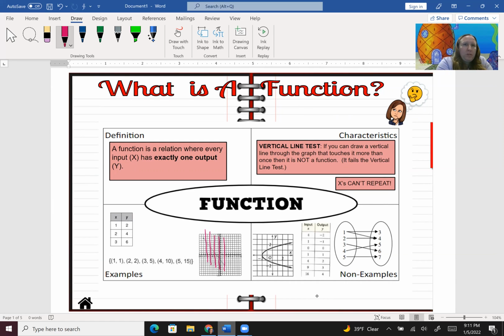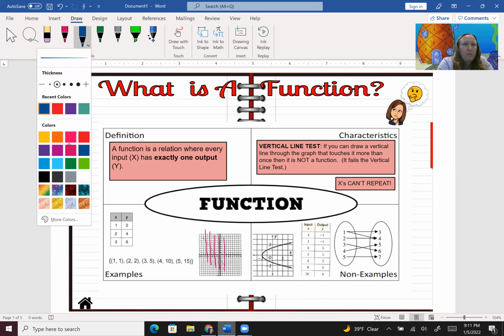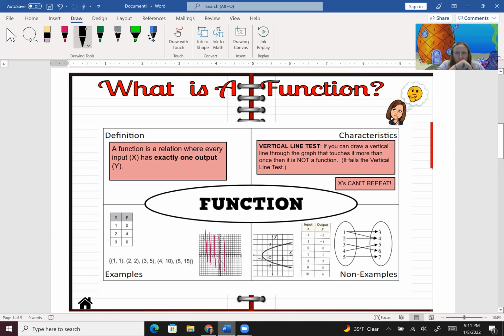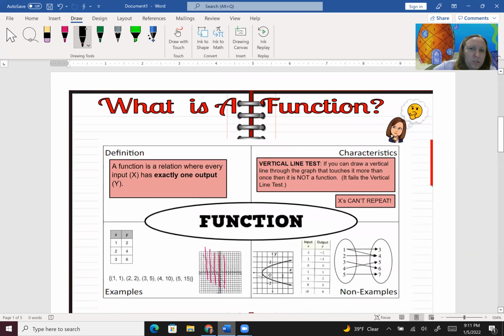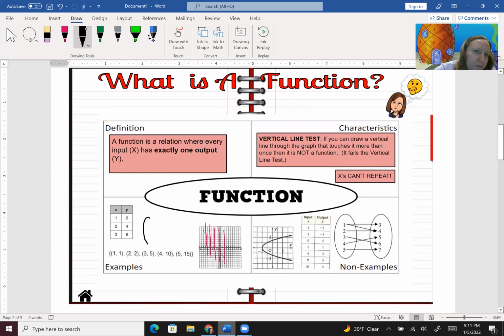I'm actually going to add one more example in here because I think it's an important one. I'll do a very, very tiny one. Let's do a mapping diagram. We'll do 1, 2, and 3, and the only output is going to be 4. So I'll have 1 paired with 4, 2 paired with 4, and 3 paired with 4. A lot of people think this one's not a function because they all have 4 as an output.